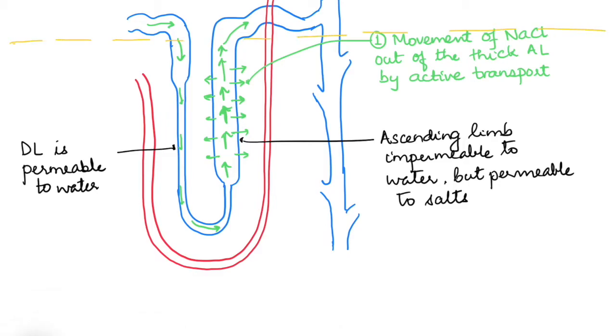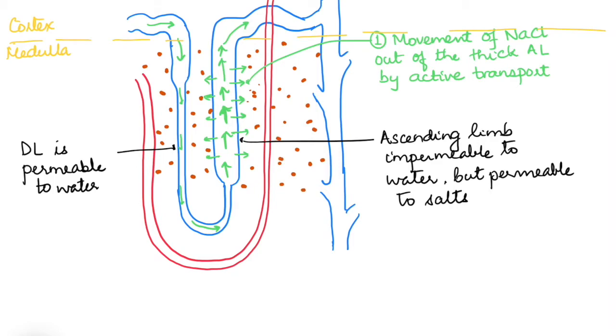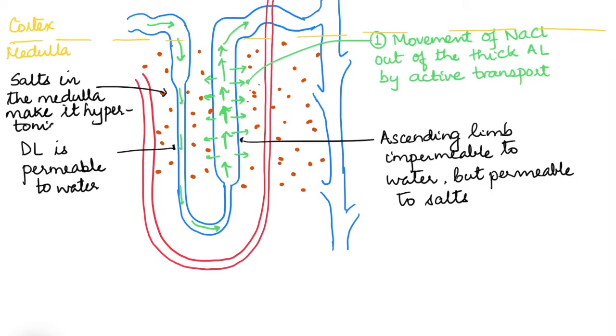As these salts are being actively transported out of the filtrate from the thick ascending limb, the surrounding medullary interstitium is going to be more and more concentrated with these salts. This highly concentrated medullary interstitium thus has a hypertonic environment. So this was the first feature which makes the medulla hypertonic.